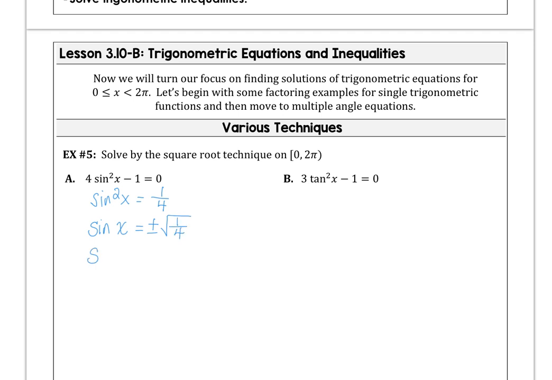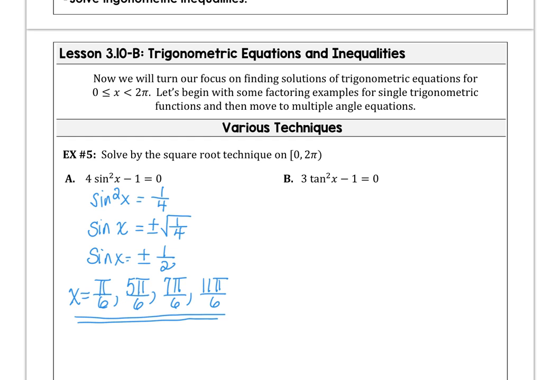So sine of x is going to be either positive 1/2 or negative 1/2, and around one rotation of the unit circle, those values will happen at pi over 6, 5 pi over 6, 7 pi over 6, and finally at 11 pi over 6.